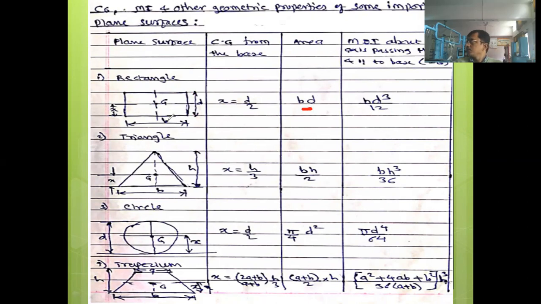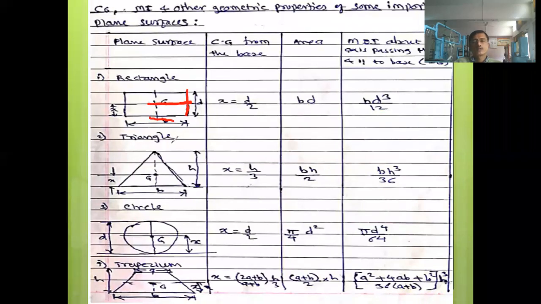Now, instead of just remembering it as bd cube by 12, how should you remember it? Remember it like this: the side parallel to the centroidal axis is taken as a single multiplication, and the side perpendicular to it has power 3, divided by 12. Then you won't get confused. In bd cube by 12, b is the parallel side and d cube is the perpendicular side to the centroidal axis.